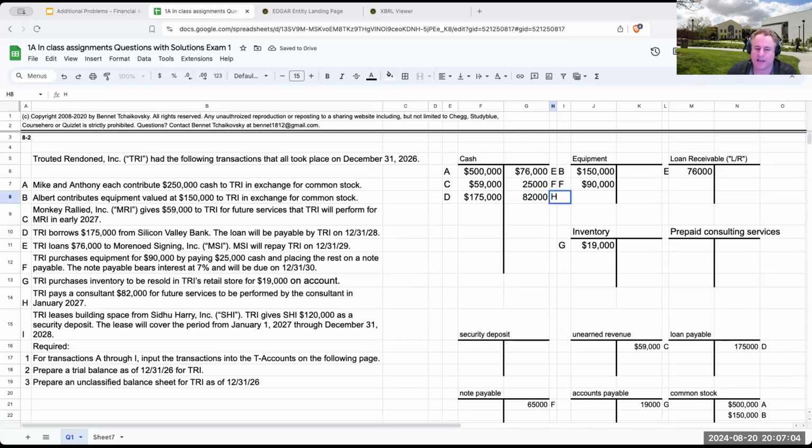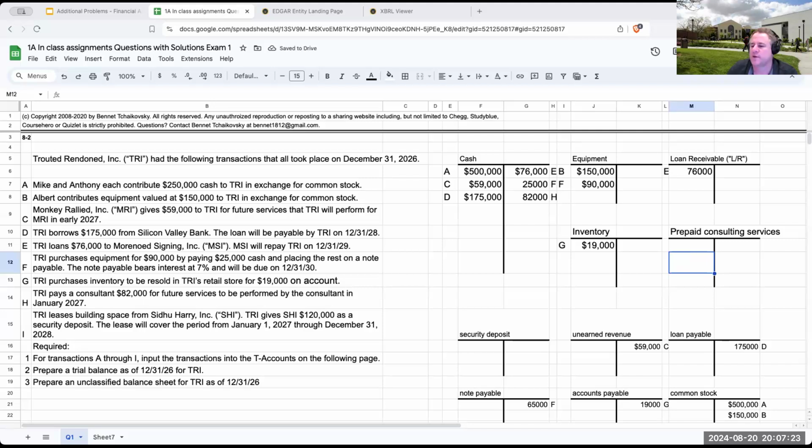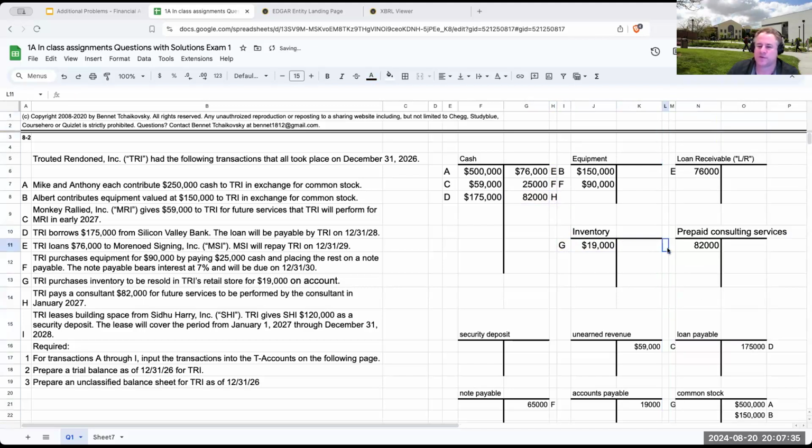This is going to be letter H. So right over here, we've got 82,000 cash. Now, what is this consultant going to give me? They're basically going to give us future services. And what we're going to call this in terms of the T account is prepaid consulting services.